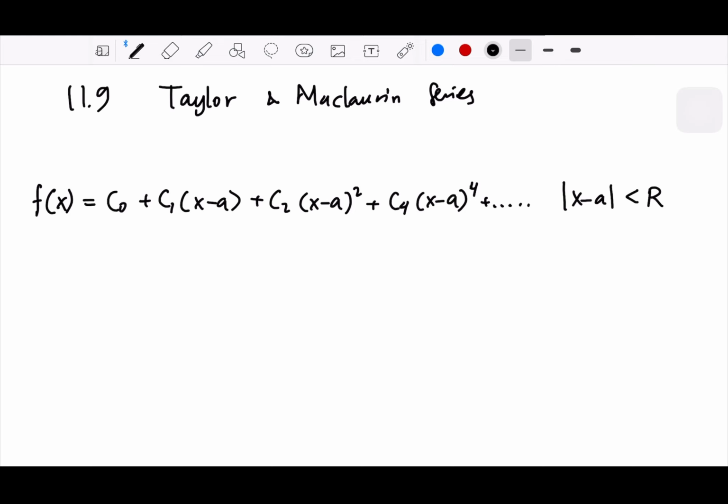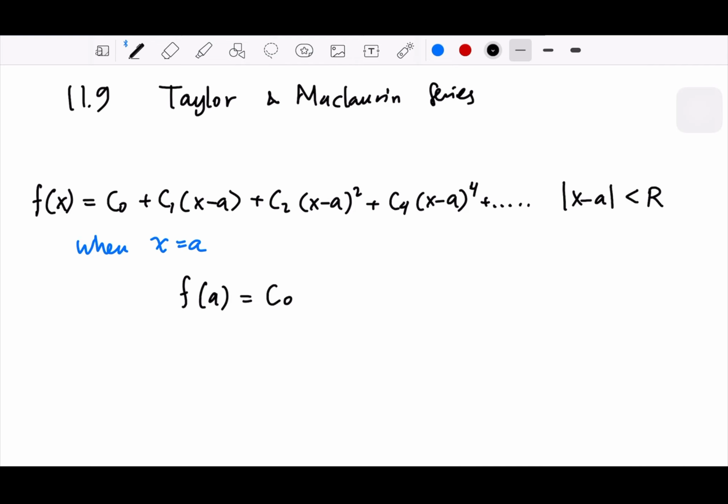When x equals a, all the terms that have x minus a will be gone, and we are just left with the coefficient, which means that f of a is equal to this coefficient. Okay, that's the first one.